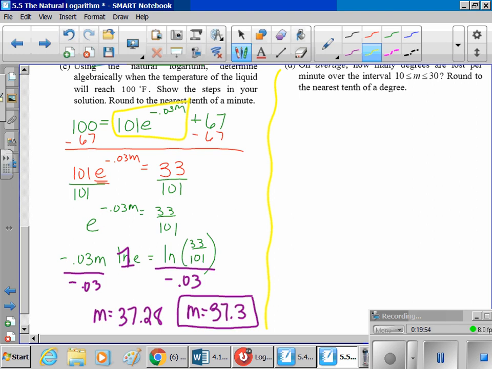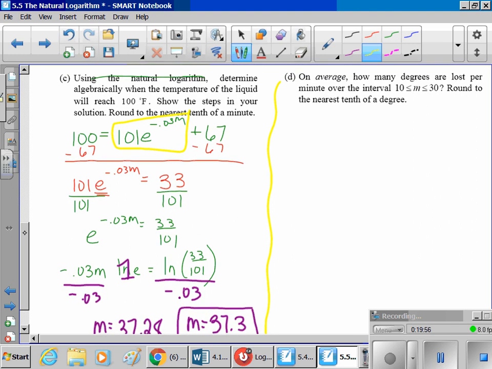All right, so let's take a look at the letter D. On average, how many degrees are lost per minute over the interval? So even if you didn't know what this was asking, think back to what we've done so far. That gives us intervals, because sometimes we are a little confused about what they want us to do. So if they're giving me an interval and it says on average, how many degrees?